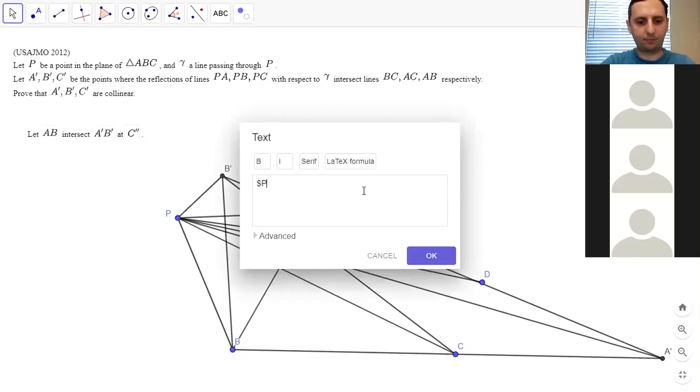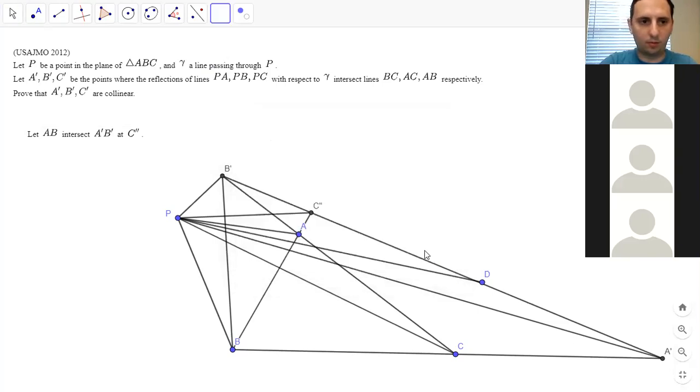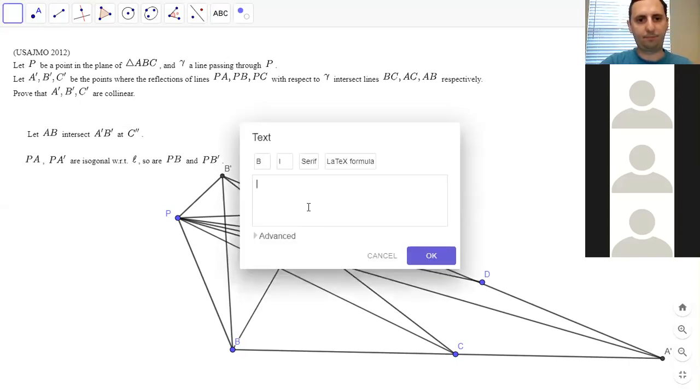PA and PA prime are isogonal with respect to L, and so are PB and PB prime. So by the isogonal line lemma, PC and PC double prime are isogonal with respect to L.